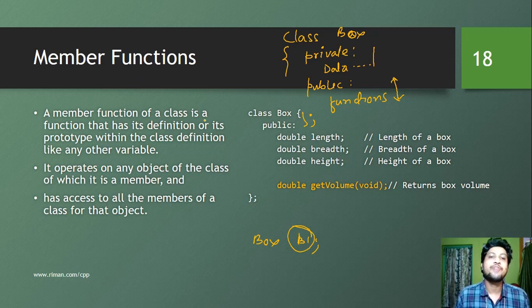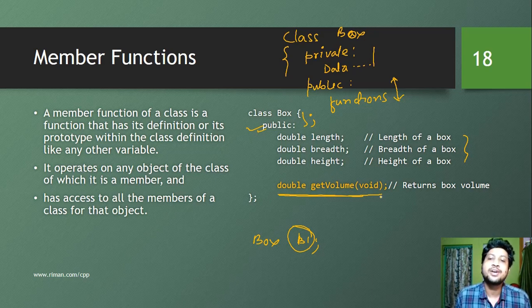So how can we define a member function? There are two different ways to define a member function. One, you can only write the prototype of the function inside the class. So we have this class Box. We have again taken the public members of this data, and we also have this public member function.